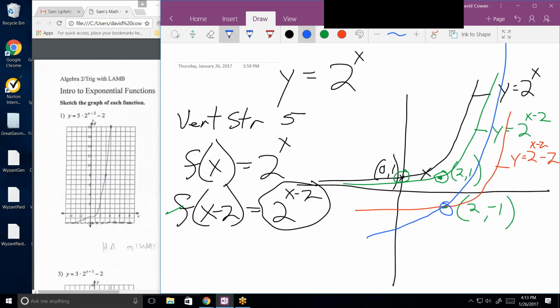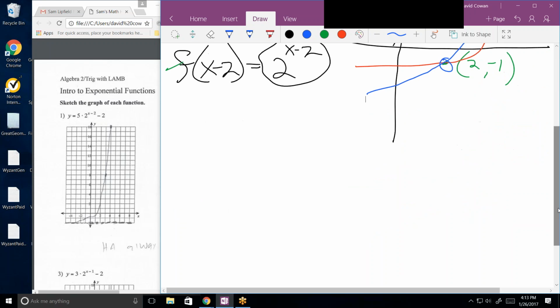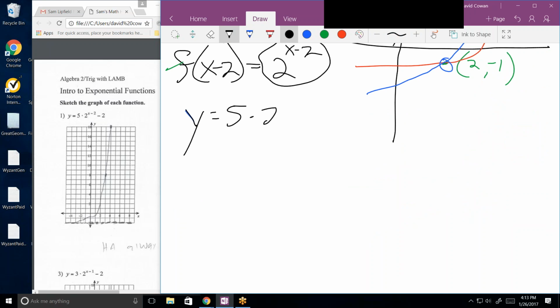What's x when I'm talking about the y-intercept? X is 0, right? Isn't x always 0 when you're talking about the y-intercept? Okay, so if this is my function, set x equal to 0, and let's figure out what that number is.